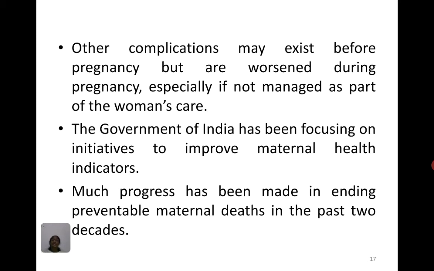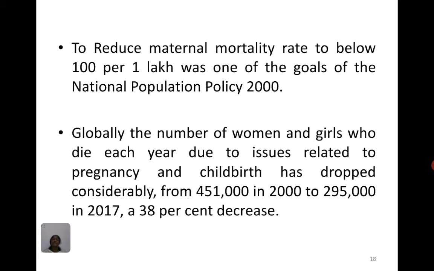The Government of India has been focusing on initiatives to improve maternal health indicators. Much progress has been made in ending preventable maternal deaths in the past 2 decades. To reduce maternal mortality rate to below 100 per 1 lakh was one of the goals of the National Population Policy 2000.